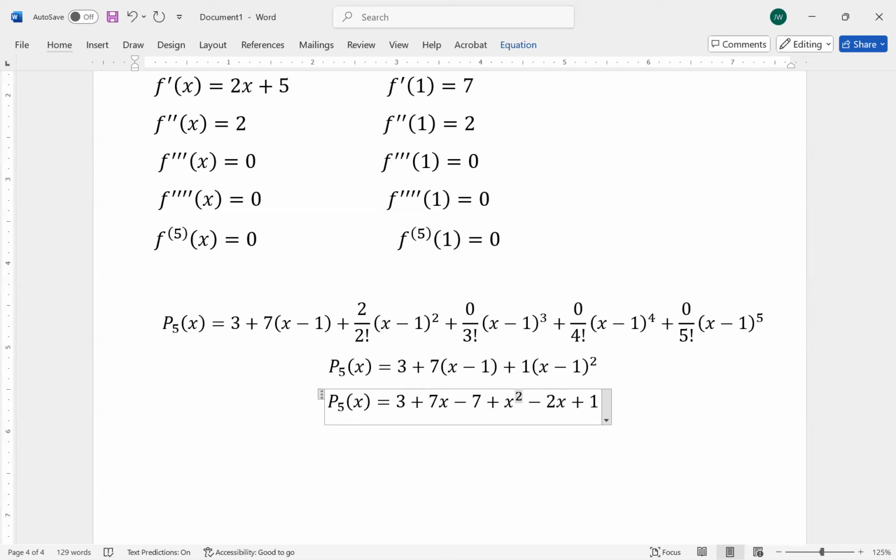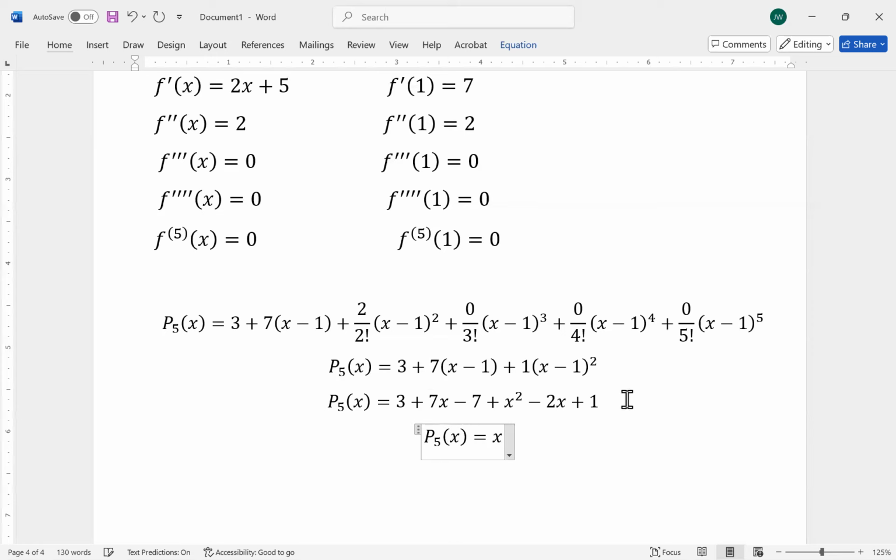Now, when I combine like terms, what we see here is that this fifth degree polynomial is actually just a second degree polynomial, because every derivative from the third on gave me 0.